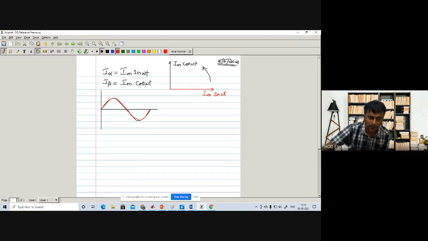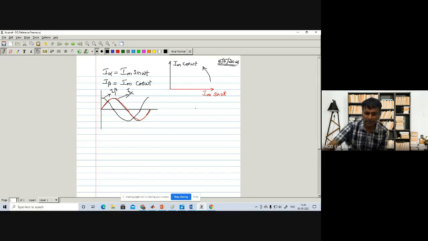Beta has a 90 degree displacement, so it is leading, and beta is like this. We have the middle at 0. So this is our alpha variable and this is our beta variable. Now I can make one circle.